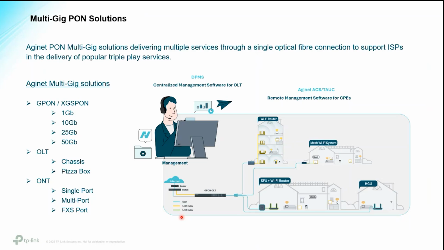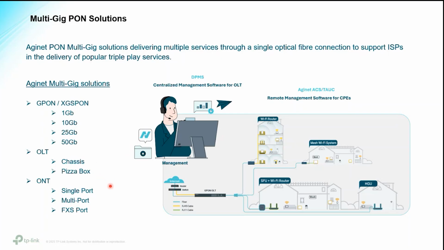Multi-gig PON solutions. We talked about the products earlier in the product set, but just to cover off everything that we're doing around PON now, it's again something we're bringing more and more products out on. When you look at the solutions that we've actually got, GPON, XGS-PON, 1 gig, 2 gig, but we'll soon be bringing to the market 25 gig and 50 gig solutions.